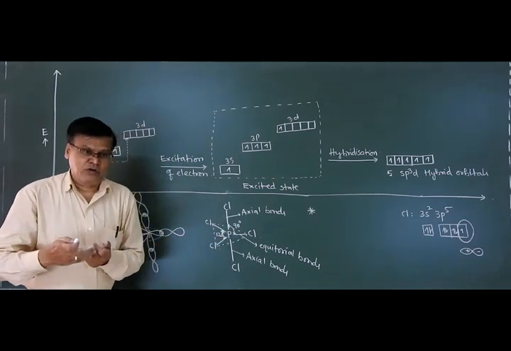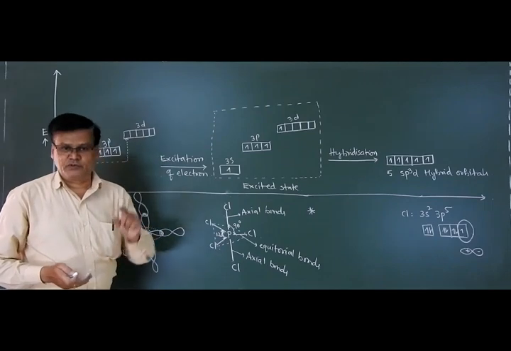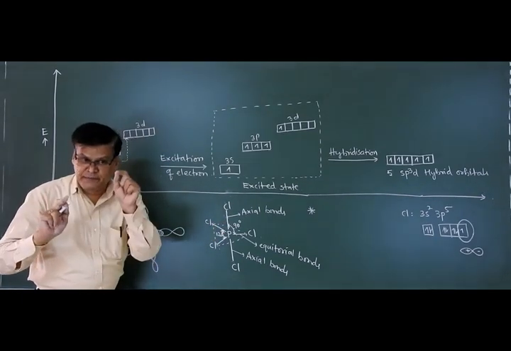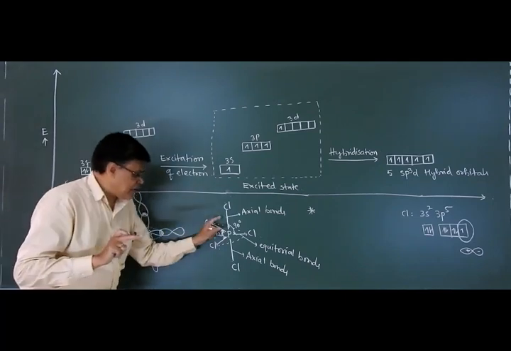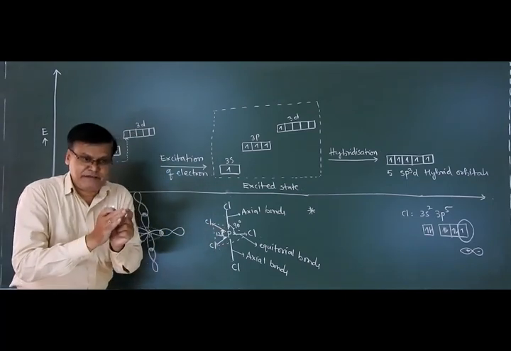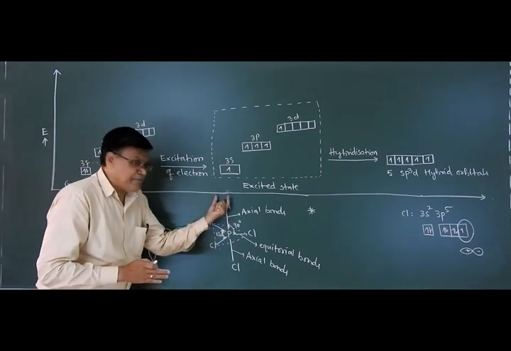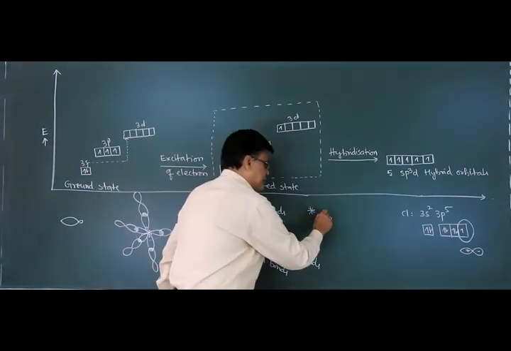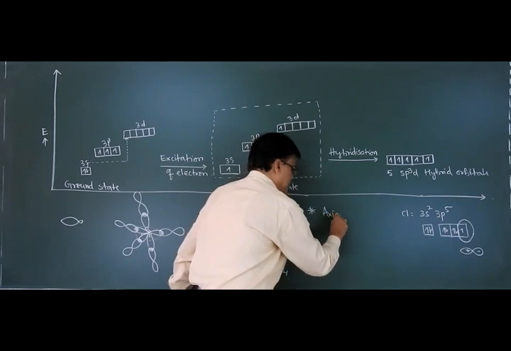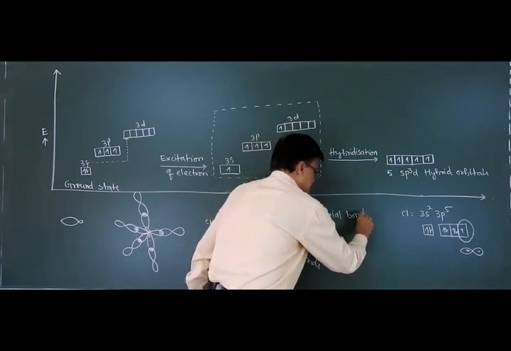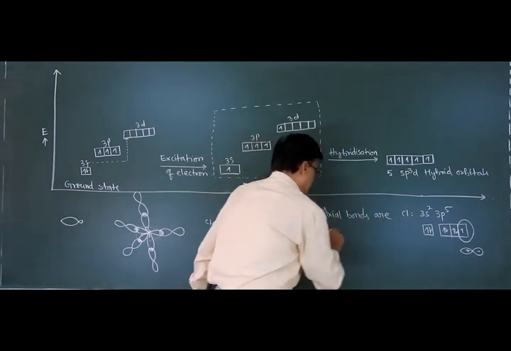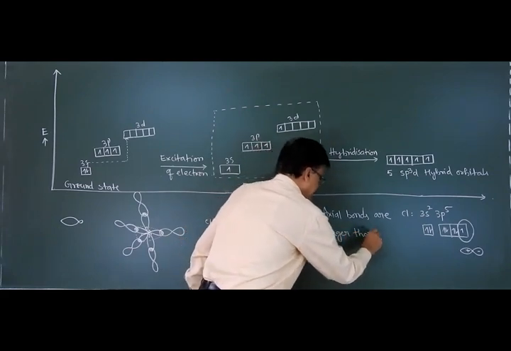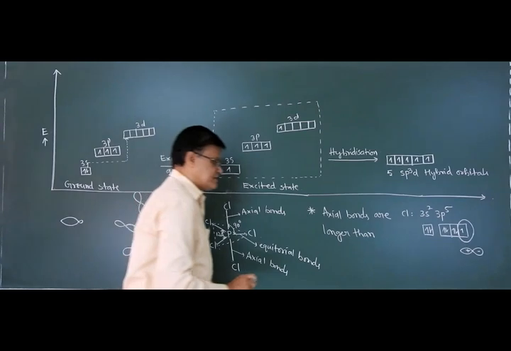According to the hybridization concept, bond pair repulsion should be less, which means these bonds should be made longer. Which are longer, equatorial bonds or axial bonds? Axial bonds are longer than equatorial bonds.